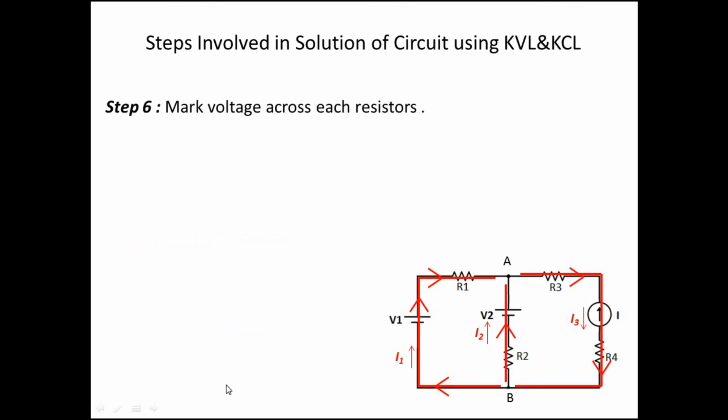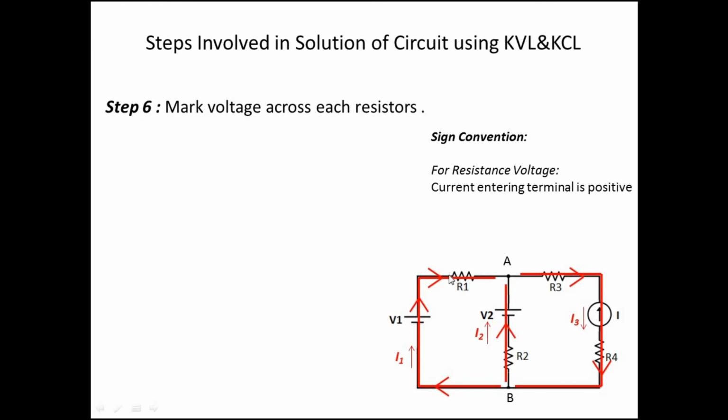Next, we have to mark the voltage across each resistor: R1, R2, R3, R4. While marking the voltage across a resistance, we have to take this sign convention: the terminal at which the current is entering will be positive, and the terminal at which the current is leaving will be negative.